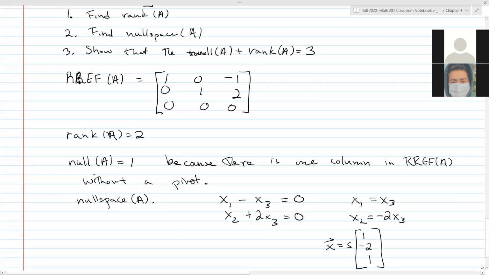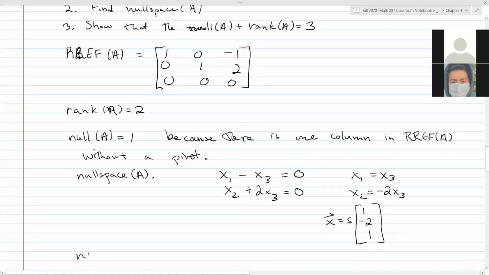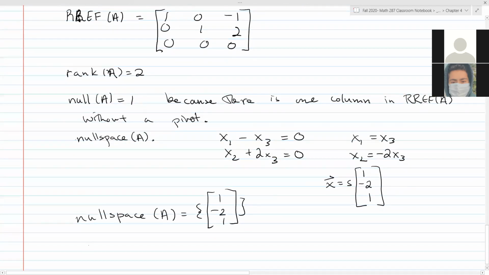And so the null space of A is going to equal the span of the set {(1, -2, 1)}. And that means that the nullity of A is equal to 1. So that confirms that the nullity of A is equal to 1. We just found it.